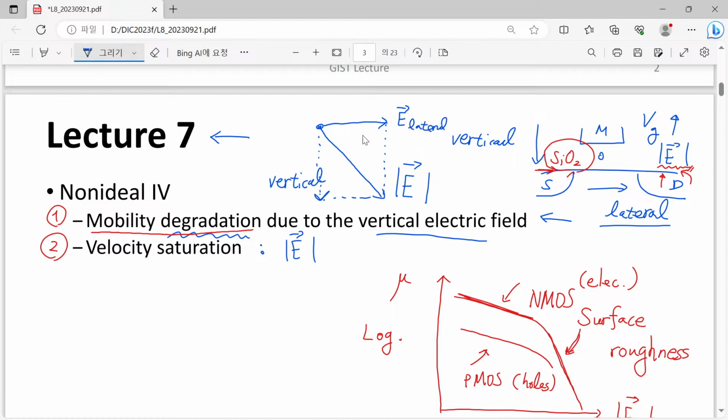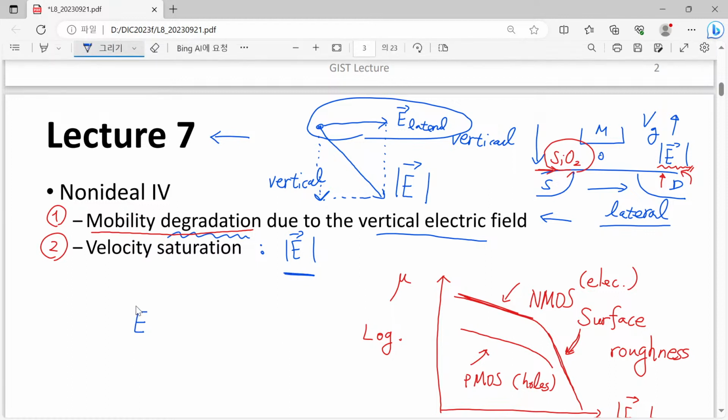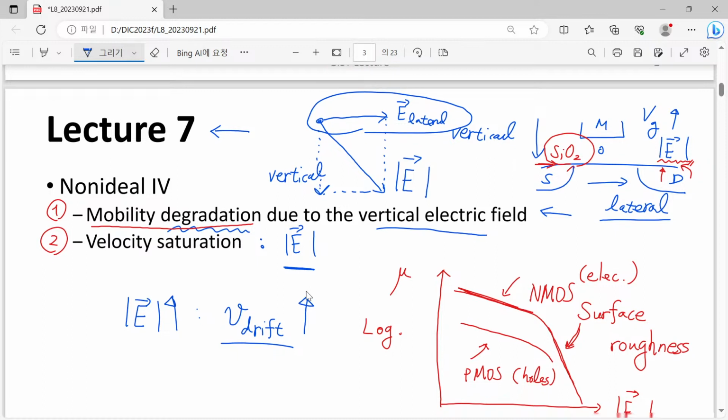And we are now talking about this lateral electric field, which really drives our electrons from source to drain. So if we have higher and higher lateral electric field, we expect the drift velocity of our electrons or holes will increase. Yes, that is quite reasonable.